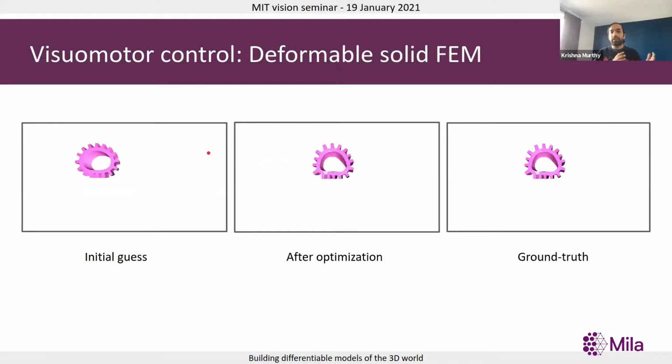Here's a deformable solid FEM example, where we're now trying to do control. There are these tetrahedrons in the gair that you see, and you can actuate them by expanding and contracting. If you expand the right set of tetrahedrons, you can get the object to move. The way this is trained is you have a 2-layer neural net that gives you the actuation magnitude for each tetrahedron, and you have a ground truth image.